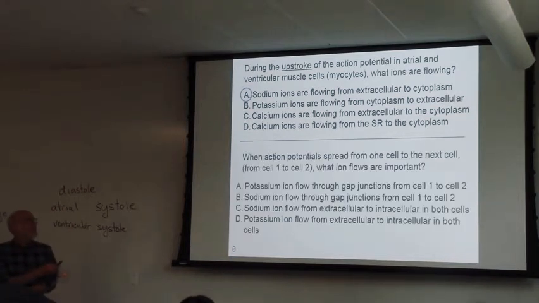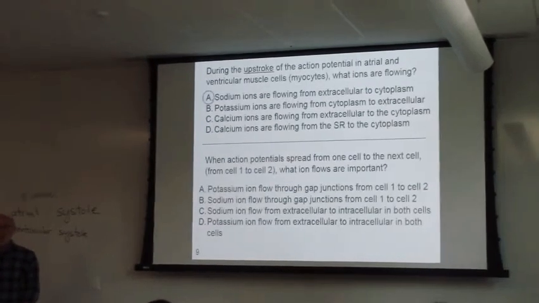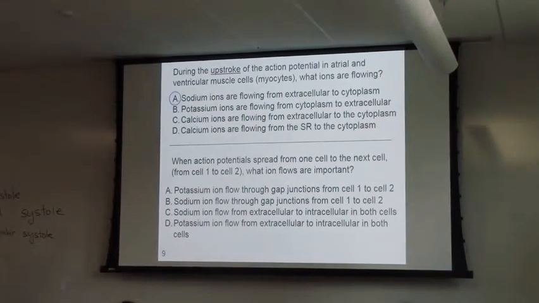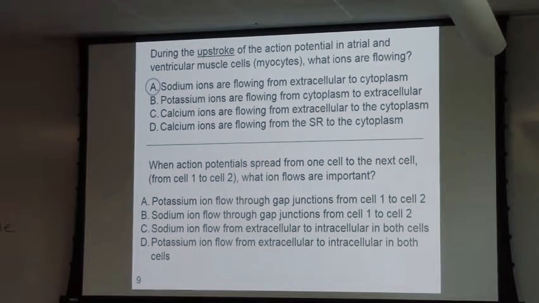Okay, so let's do another one, because I'm moving on since most of you got this right. If you didn't get it right, I'm happy to answer questions. When action potentials spread from one cell to the next, remember, when that wave of action potential is spreading over the atria, or throughout the ventricles, it's spreading from one cell to the next.